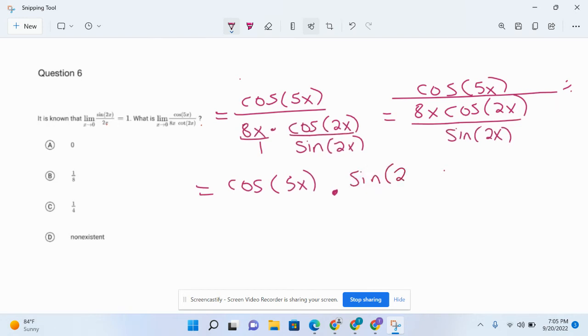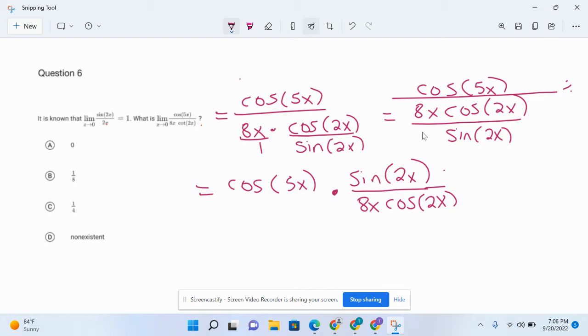So I'll have sine of 2x over 8x cosine 2x. And boy, isn't this messy. But we cleaned up the complex fraction anyway.